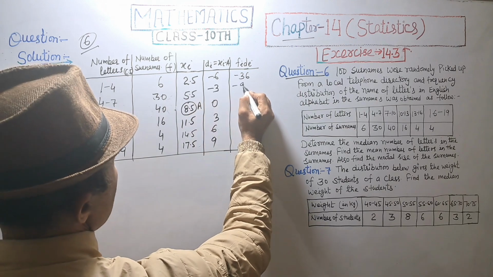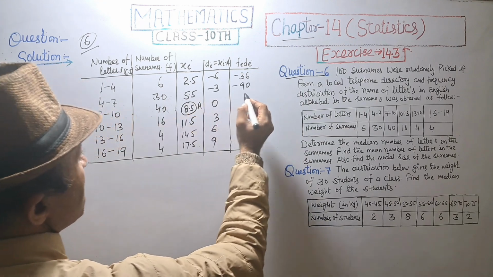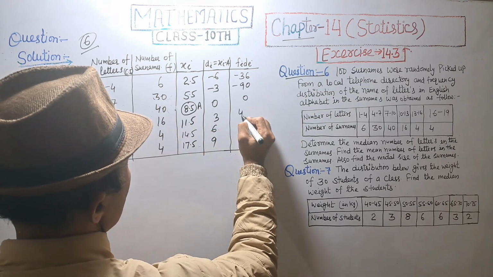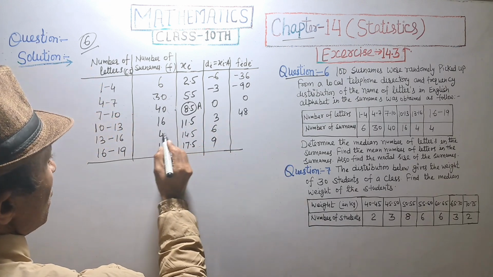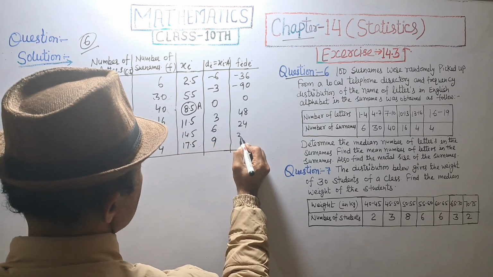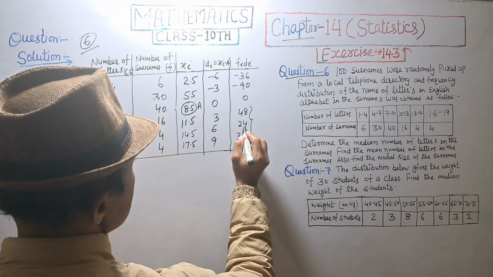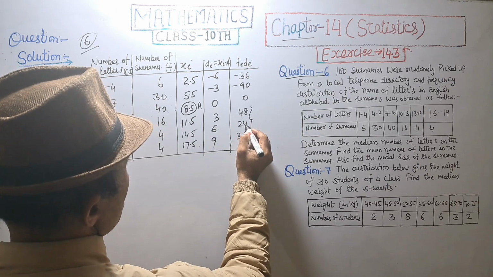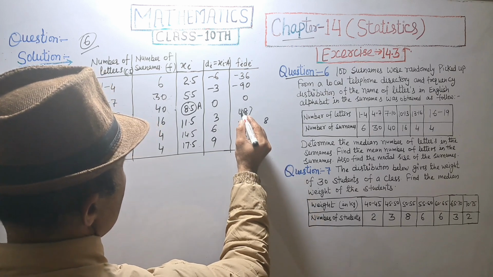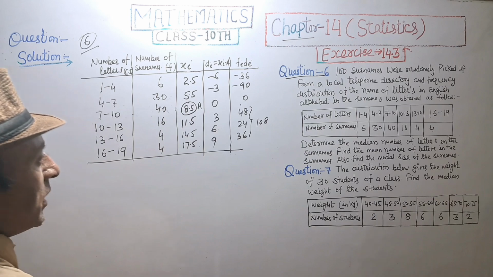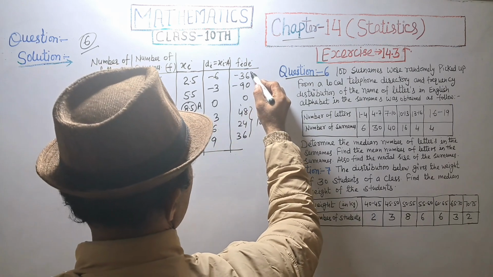33s are negative 90, 40 zeros are 0, 16 3s are 48, 4 6s are 24, 9 4s are 36. Sum of positive numbers is 108.